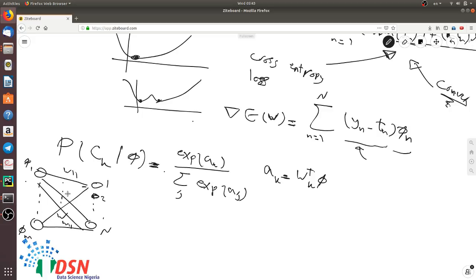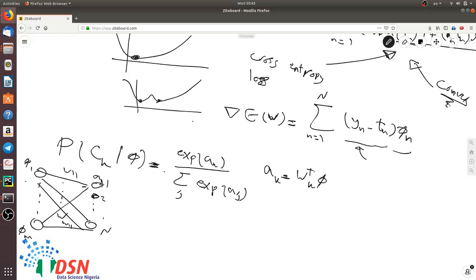If you are familiar with neural networks, you could see a similarity between these and neural networks, but if you don't, just don't worry about them. Just in here, I want to visualize this for you. So this means that it is A1. A1 means W11 times phi 1 plus W12 times phi 2 and so on.